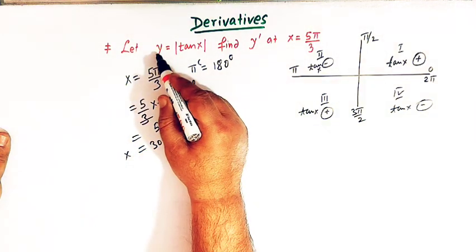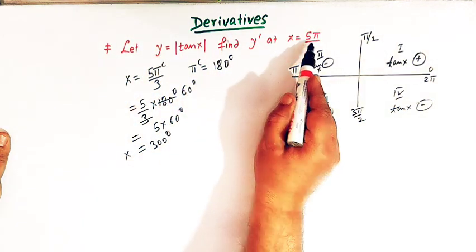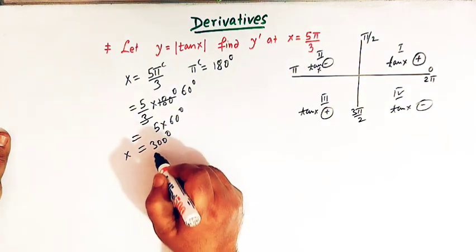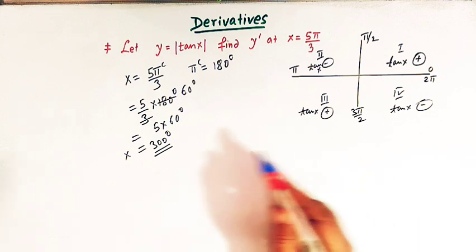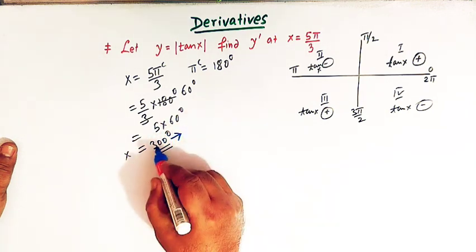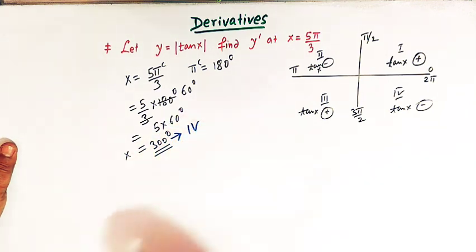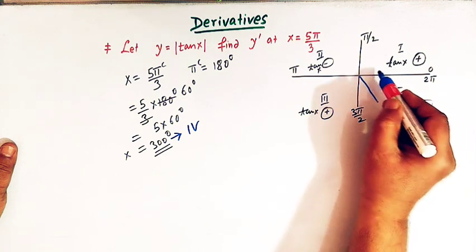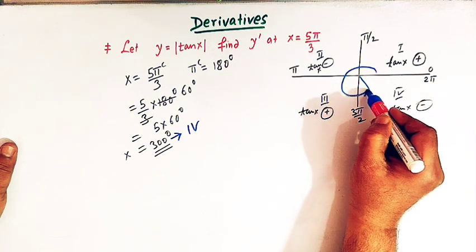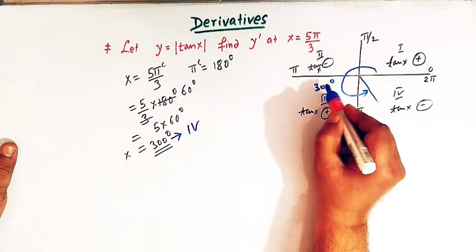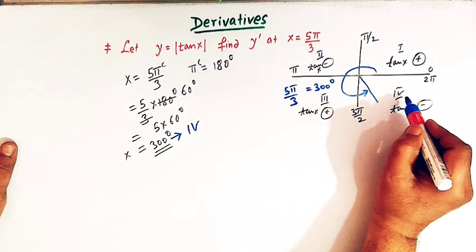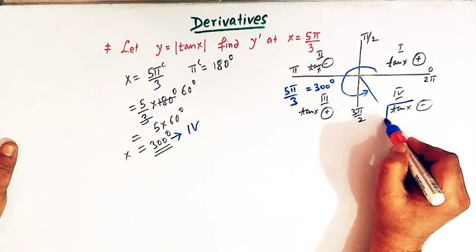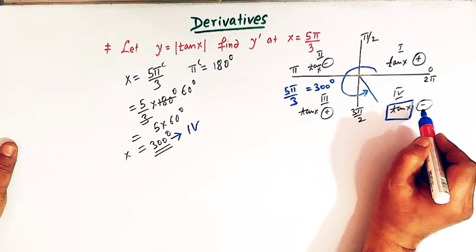So we have to find the derivative of y at x is equal to 5 pi by 3, which is equivalent to 300 degrees, and we can see that this angle falls in the fourth quadrant. And in the fourth quadrant the tangent function is negative, right?